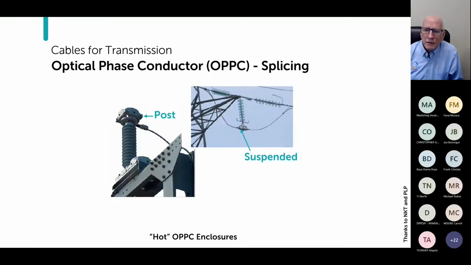Here's a post version. Same concept. So this enclosure and this enclosure, both of them are energized at the same operating voltage as the line. So you can't just go up there and work on it. It greatly complicates any optical maintenance that you need to do in that enclosure.